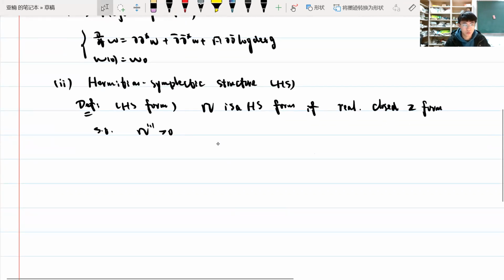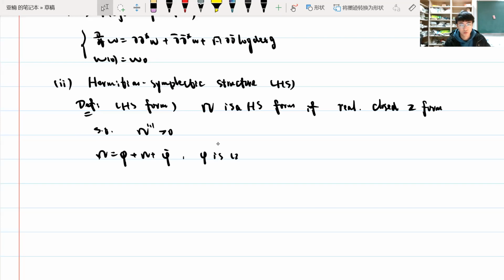If we rewrite it as Ω = φ + ω, here φ is the (2,0) part, and ω, sorry, small ω is the (1,1) part. Then Ω is closed is equivalent to this equation.